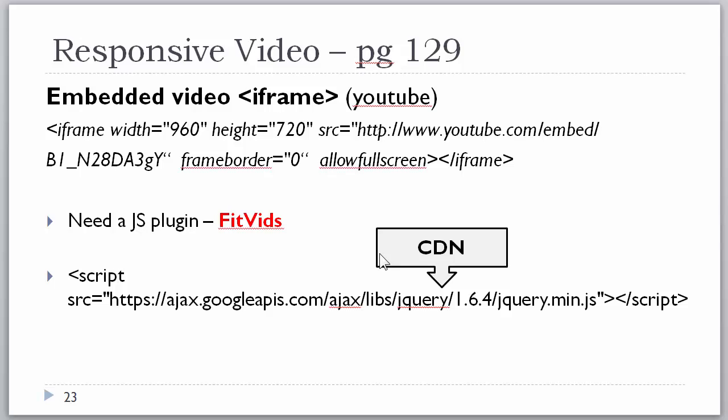Now, we can't use CSS to make that responsive, unfortunately. We need a JavaScript plugin. There's a very popular one out there called FitVids, and that would be coded in using a CDN, a content delivery network, and because this is JavaScript, we would be using the opening and closing script tag. You would also need to have a little bit of additional JavaScript to call this plugin in your HTML code. There's more information in the book and in the supplemental resources.